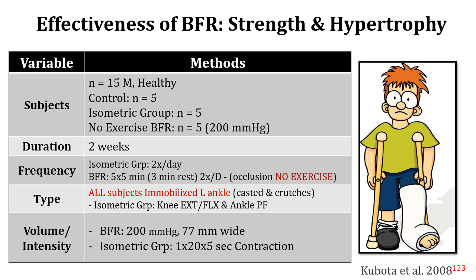The volume and the intensity of the prescription is shown there in regards to the BFR group, as far as the parameters of occlusion as well as the cuff size that was used. The isometric group performed 1 × 20 × 5 second contractions for each of the exercises, again twice a day. So let's take a look at the results.